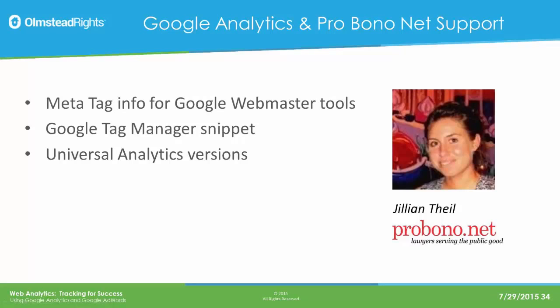Our preference also is to make sure to use the Universal Analytics versions of these tools, as Google Analytics is switching over to Universal Analytics. So we ask that be done proactively, just to make sure that since Google is transitioning over, we have the most updated version of the code.